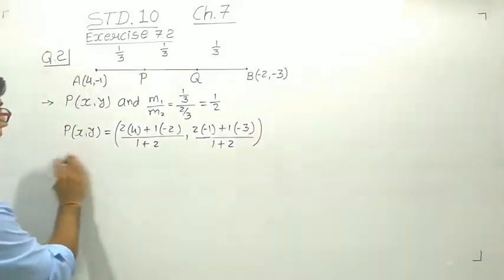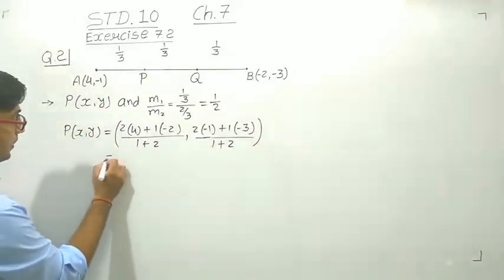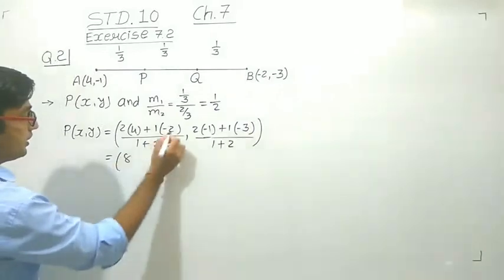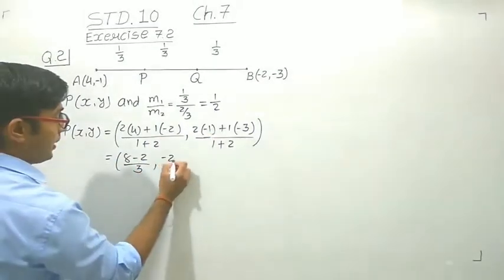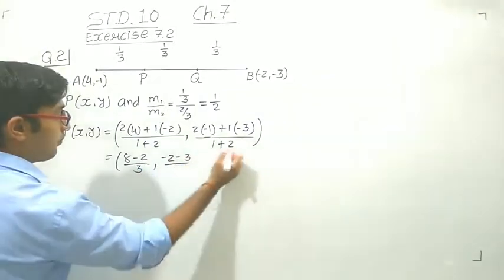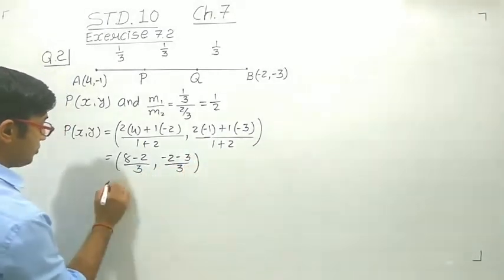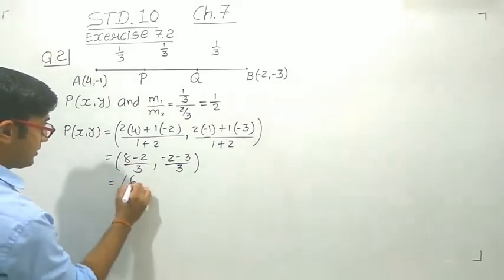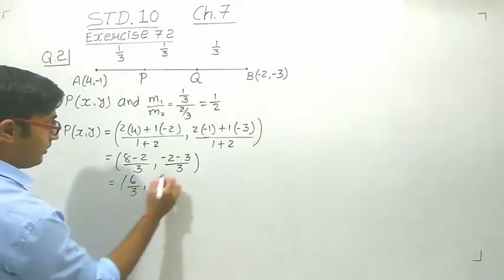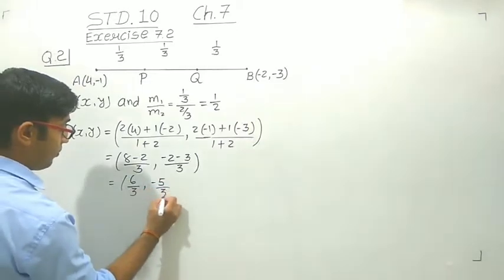Right? Now when we simplify, we get the coordinates of the point P. So let us simplify. 4 into 2 is 8, minus 2 upon 3, and here -2 minus 3 upon 3. So here we get 8 minus 2, that is 6 upon 3, and here we get -5 upon 3.